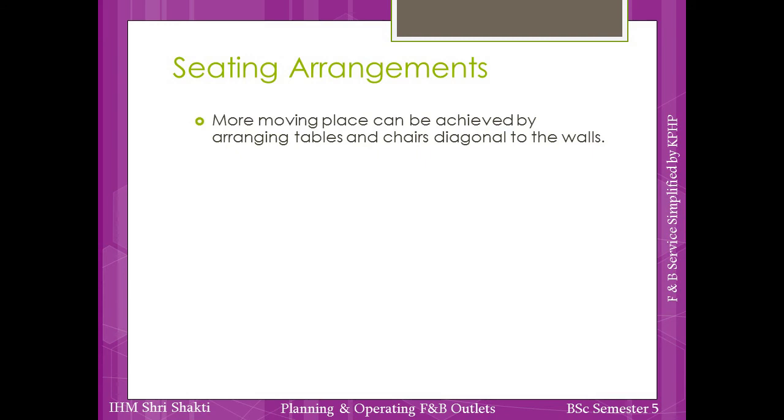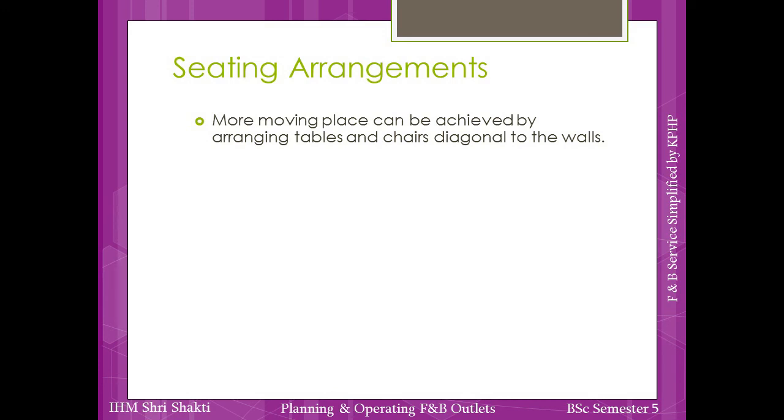It's always better to have more moving space, a comfortable moving space around the tables and chairs. That can be achieved by placing the tables diagonal to the walls instead of putting them along the walls. When you place the tables diagonally, the chairs will occupy the corners, and you get a better moving area.